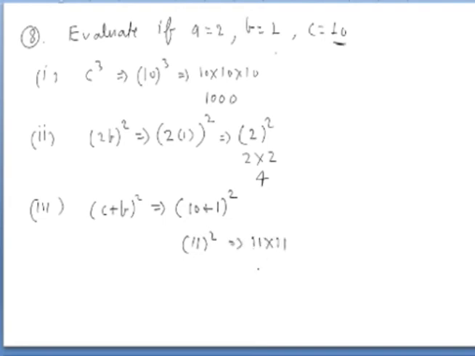Just multiply this, you will get 121. A minus 3 whole square. Okay, I am writing the values here. A is 2, B is 1 and C is 10. Okay, so A minus 3 whole square.